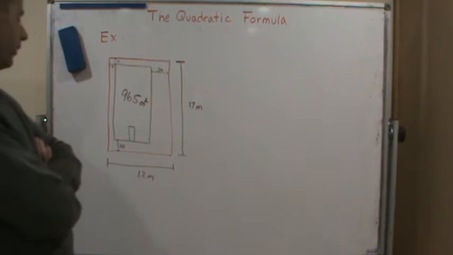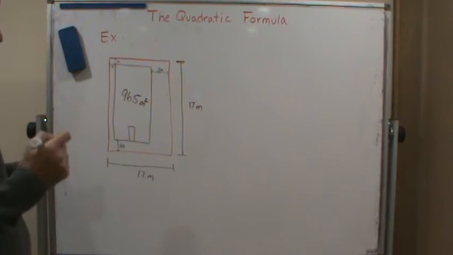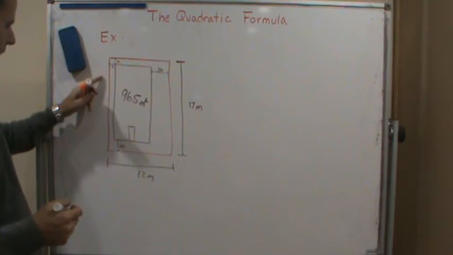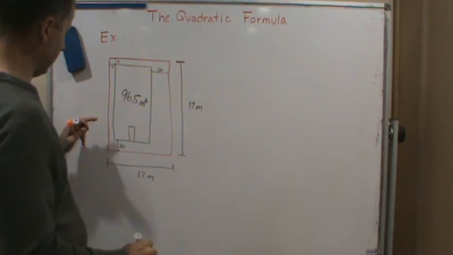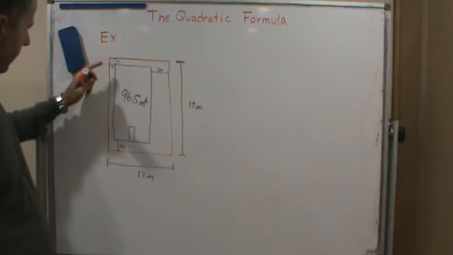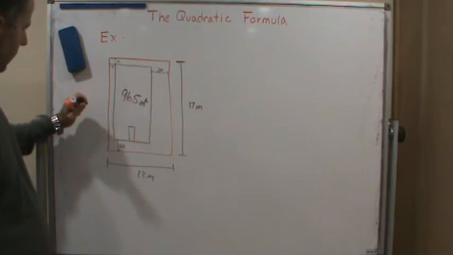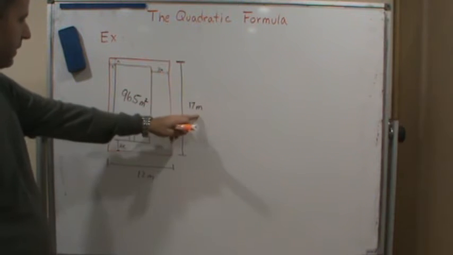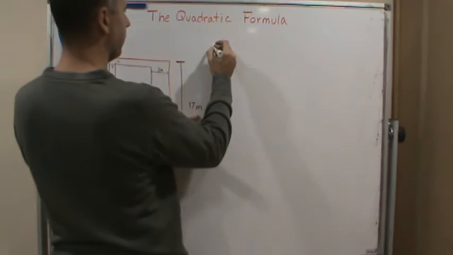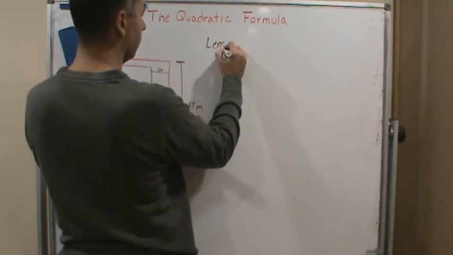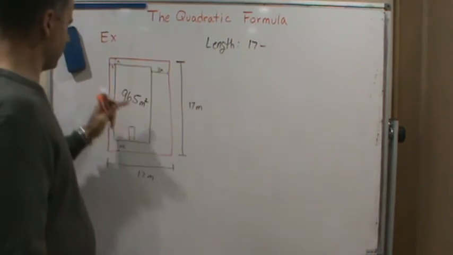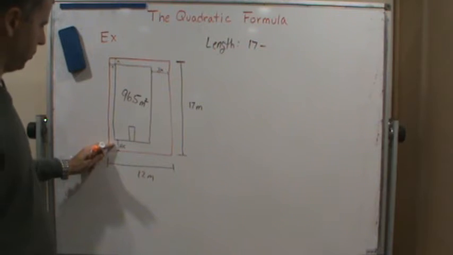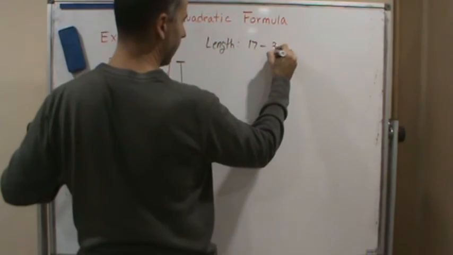Well, we know the area of the pool, right? So let's do this. What's the length of the pool? Well, the length of the pool is 17 meters minus x, minus 3x.